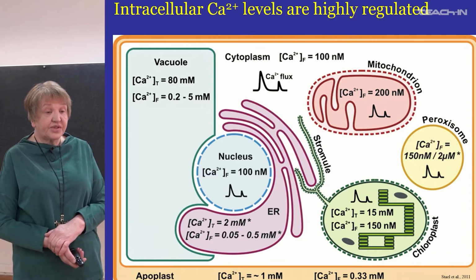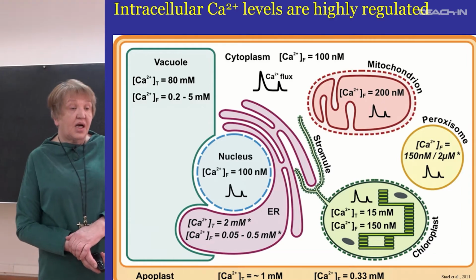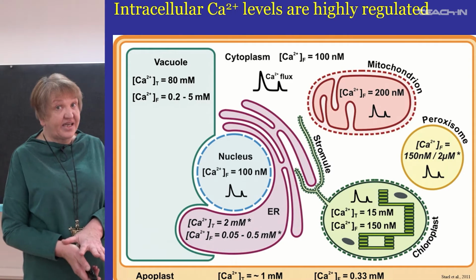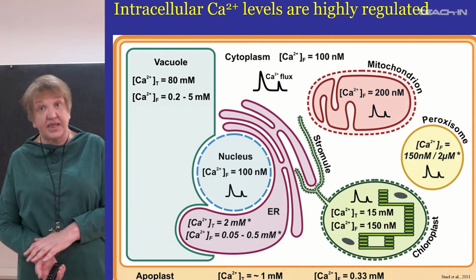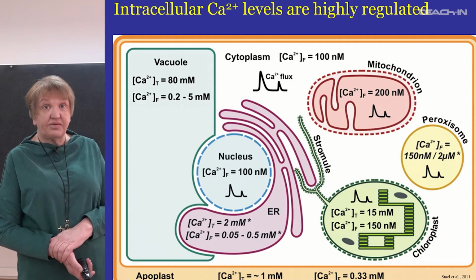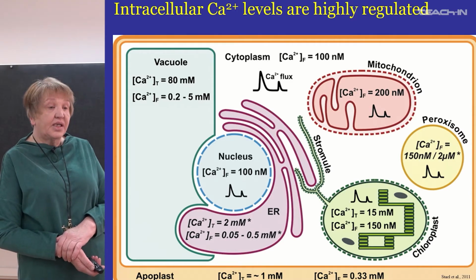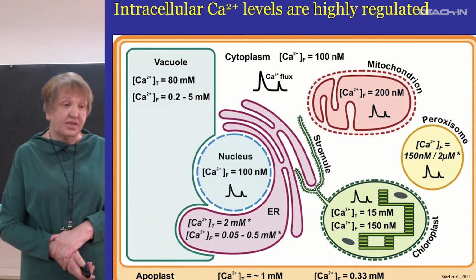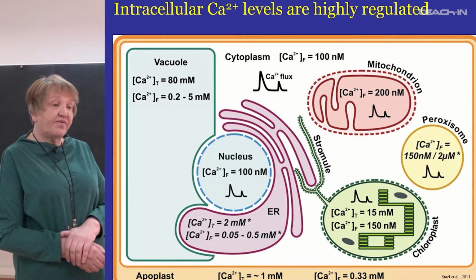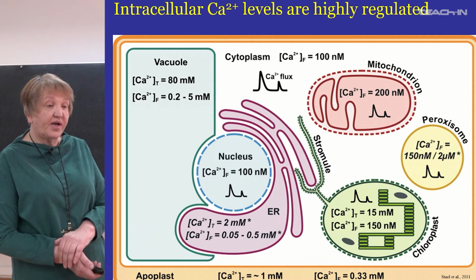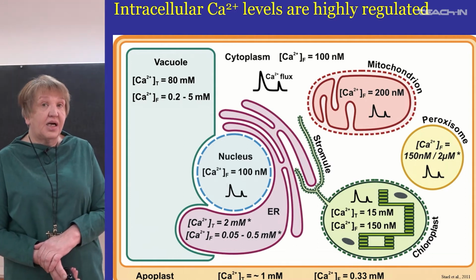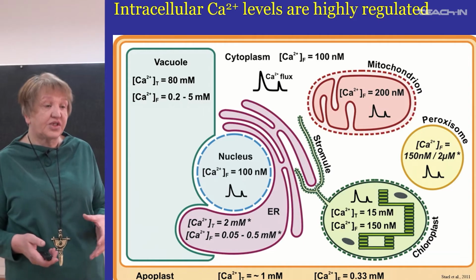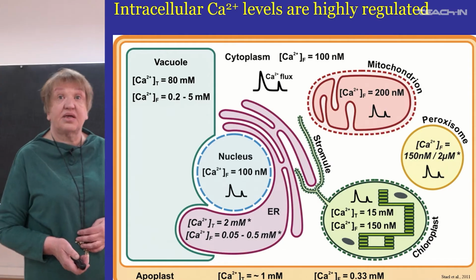So the difference is pretty big. The concentration of calcium inside different cell organelles is also highly regulated. In mitochondrion it's about 200 nanomolar, whereas in the vacuole it's about 5 millimolar. That's the concentration of free calcium, whereas the concentration of bound calcium may be as high as 80.